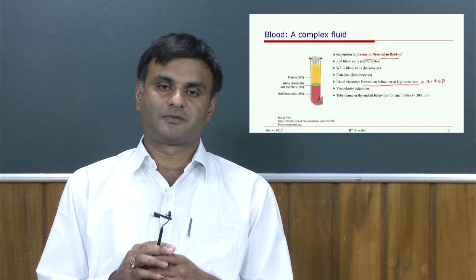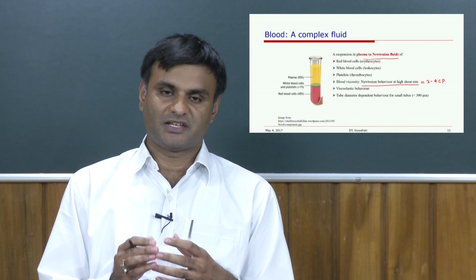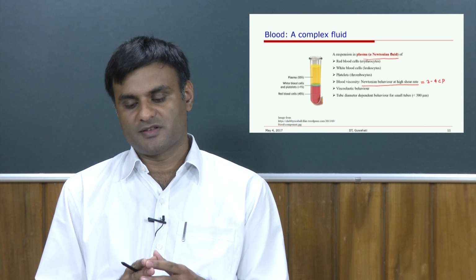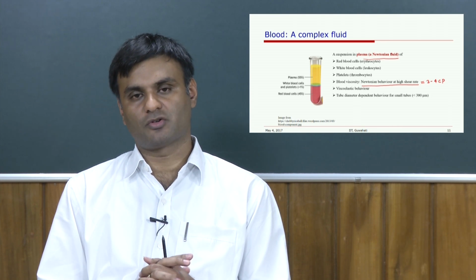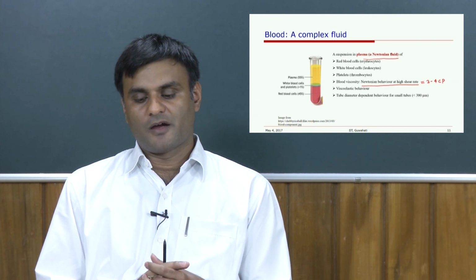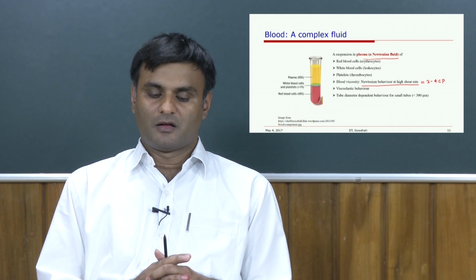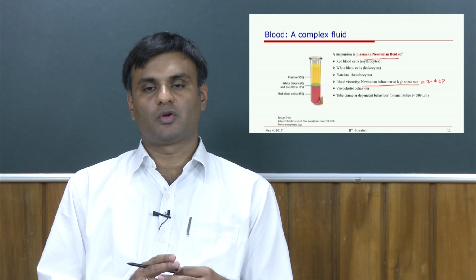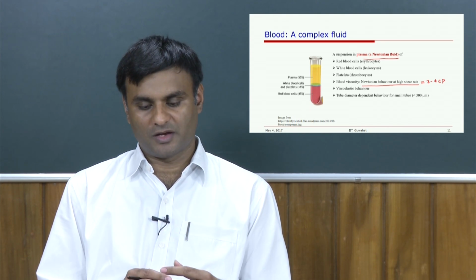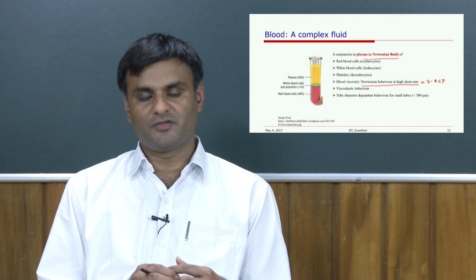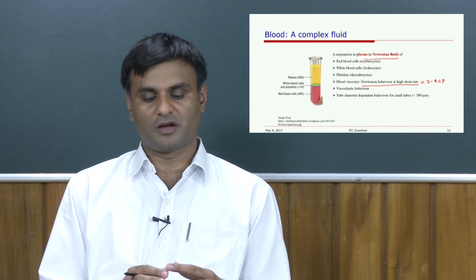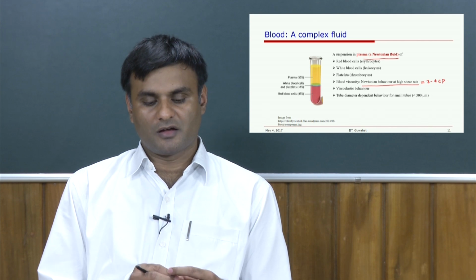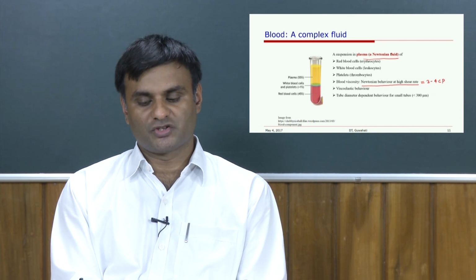So, when the size of the vessels in which the blood is flowing becomes very small, say less than about 300 micron, then the behavior does not look like a continuum behavior anymore, and the flow behavior of the particles affects the rheology of blood, that is the viscosity of the blood.